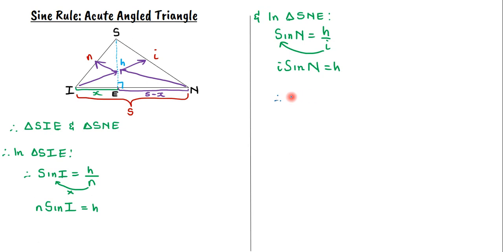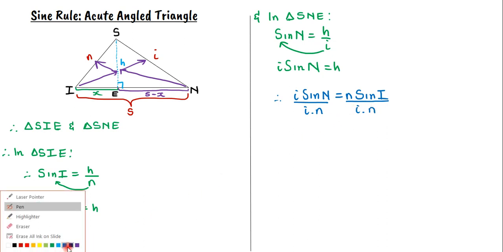So you're going to say therefore I sine n is the same as n sine I. And then from here we divide by the values or the letters that are next to the trig ratios. In this part it is I, in that part it is n, so I'm going to write it as I times n, and the same applies here, it will be I times n.